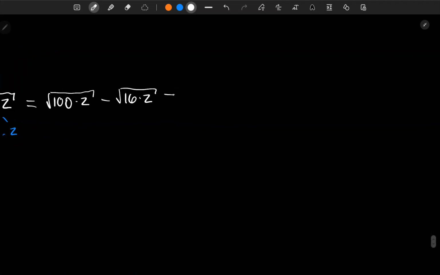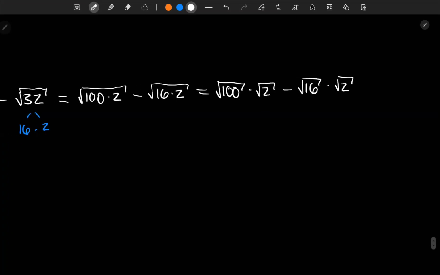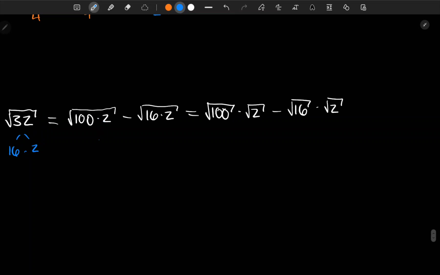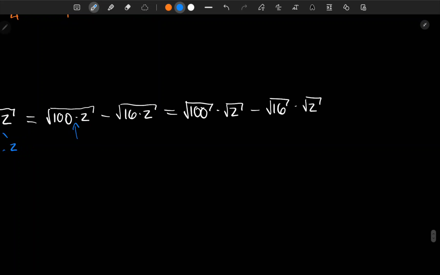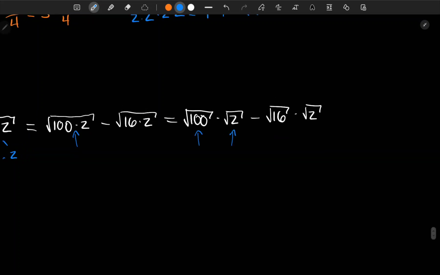Next, we can write these radicals as square root of 100 times the square root of 2 minus the square root of 16 times the square root of 2. And that's just because you have multiplication inside of the square root. That's the same thing as taking the square root of both numbers and multiplying it together.